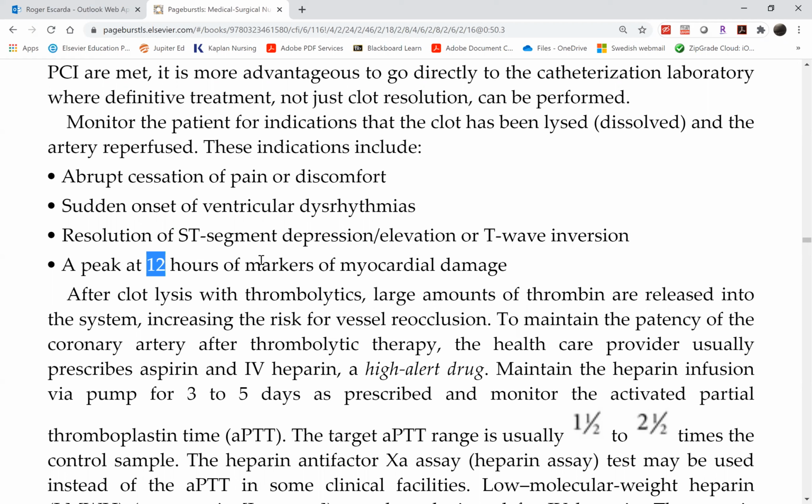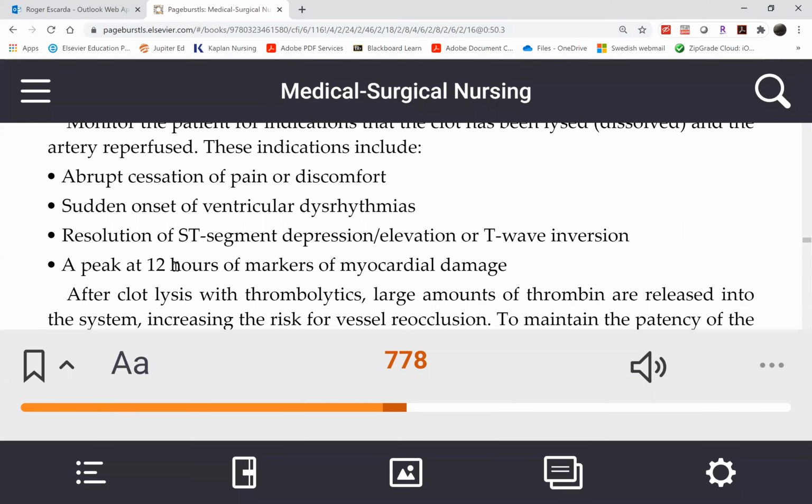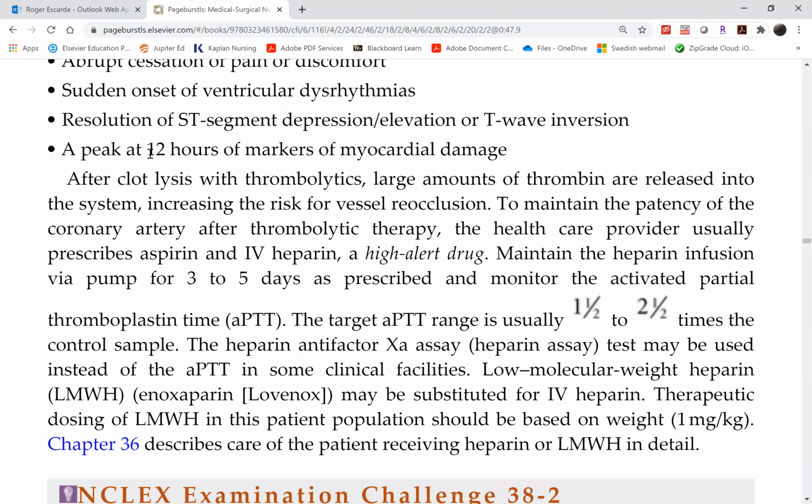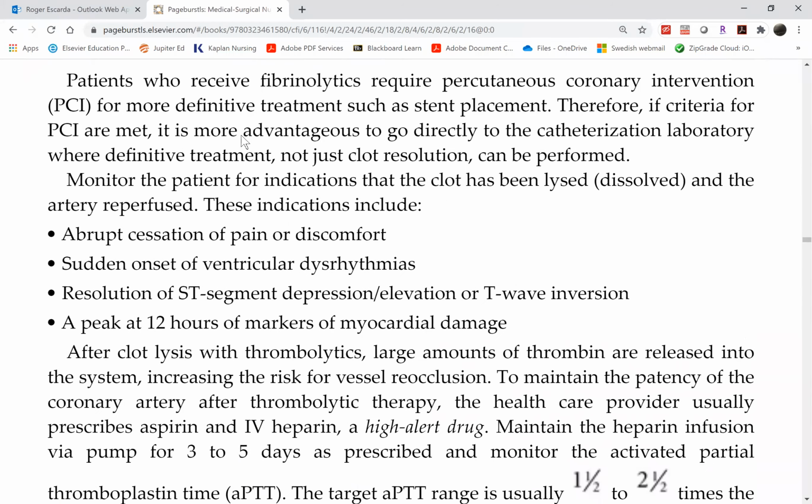Meaning instead of the 24, because you were able to reperfuse, you were able to restore blood flow, so it will peak earlier now. But it will still stay elevated, especially your troponin I. It will still remain elevated up to 10 days. You'll just peak sooner because you were able to restore perfusion to the myocardium.